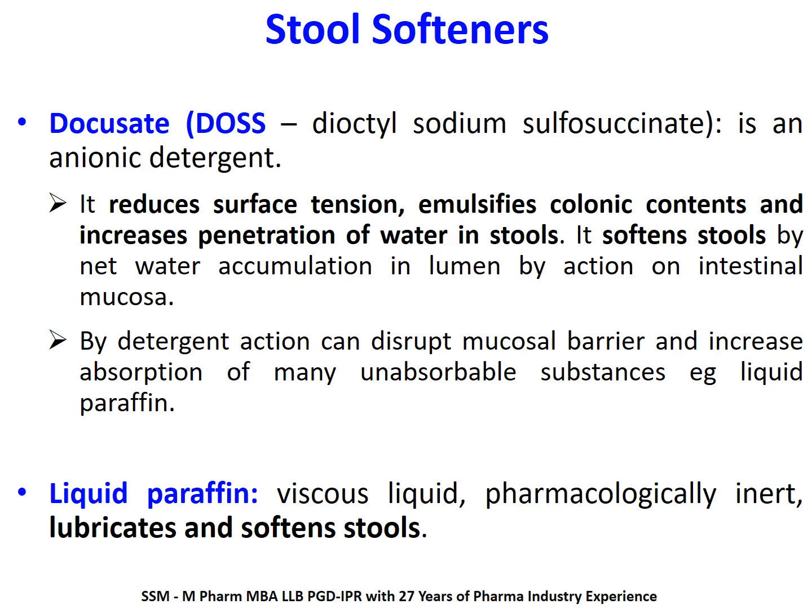It softens stool by net water accumulation in lumen by action on intestinal mucosa. By detergent action, it can disrupt the mucosal barrier and can increase the absorption of many unabsorbable substances like liquid paraffin. Next agent in stool softener is liquid paraffin, which is a viscous liquid, pharmacologically inert. It lubricates and softens stool.